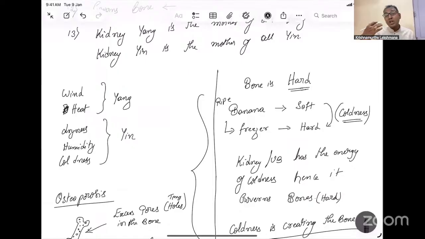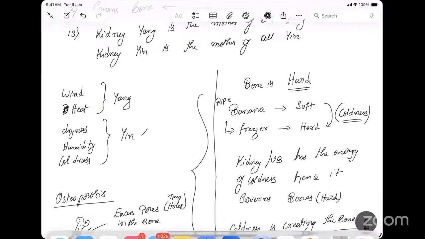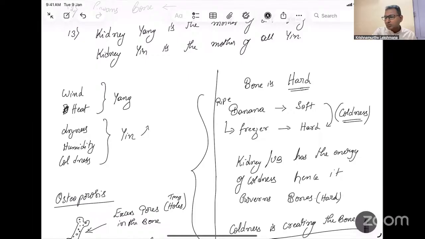Now, if I have to increase the coldness, what do I have to do? I have to increase the yin. Dryness, humidity, and coldness put together create yin.